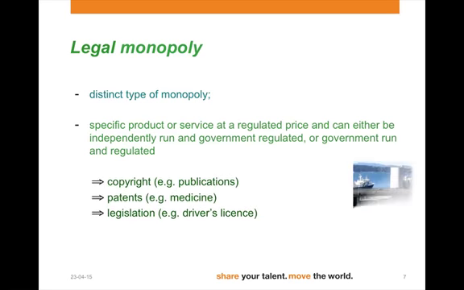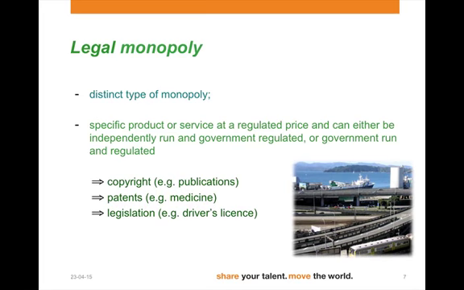In a legal monopoly, the market is regulated either through regulation or legislation. Some examples: copyright, for example publications, patents regarding medicine, or for example through legislation. A driver's license can only be purchased via the government.